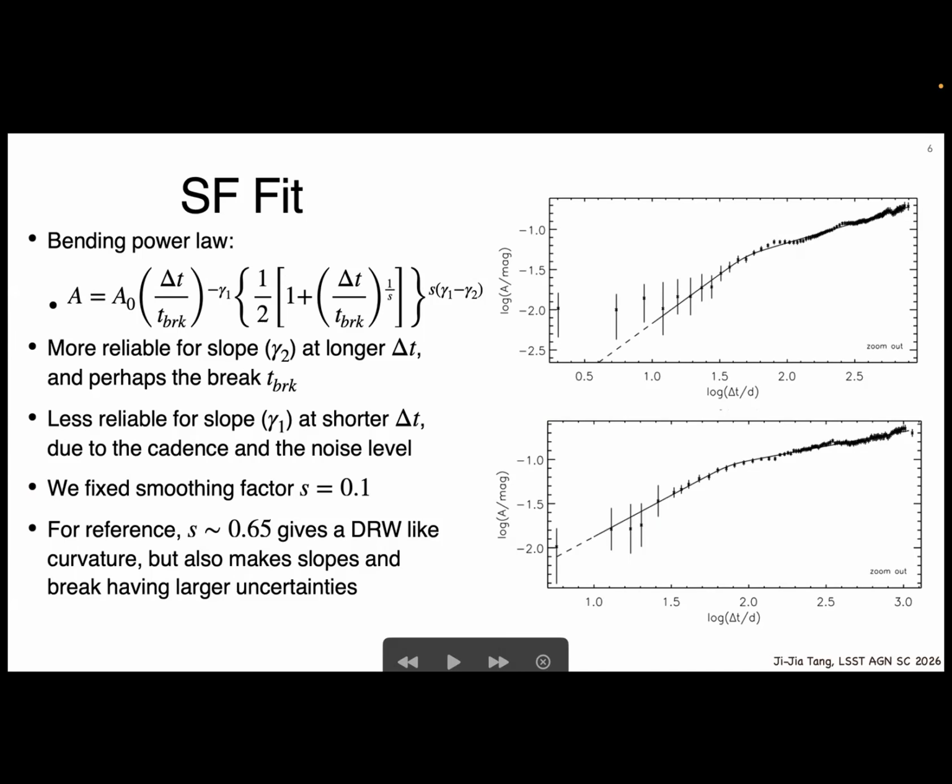The cut was made by comparing the breaks and the maximum time span on the structure function: if the break is smaller than 0.7 dex, then those are discarded. But yes, 1 dex is probably more robust, like the 10 times difference. Yes, I know that. Okay, thank you.